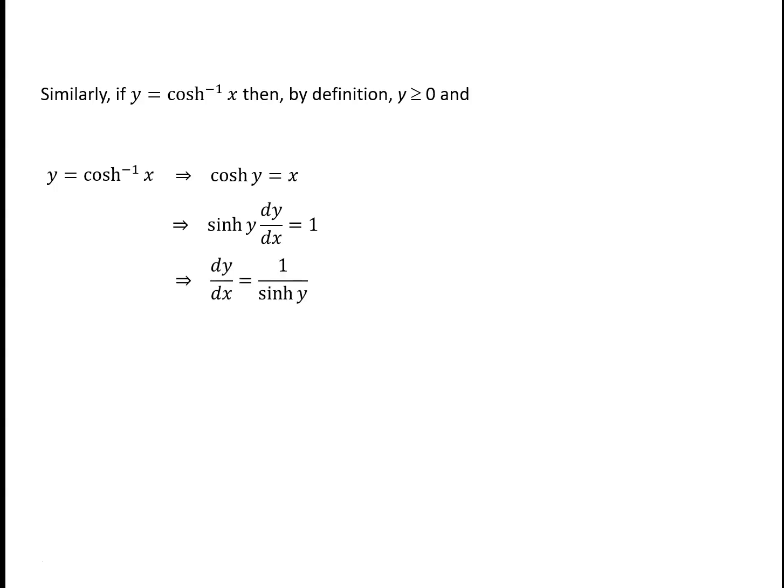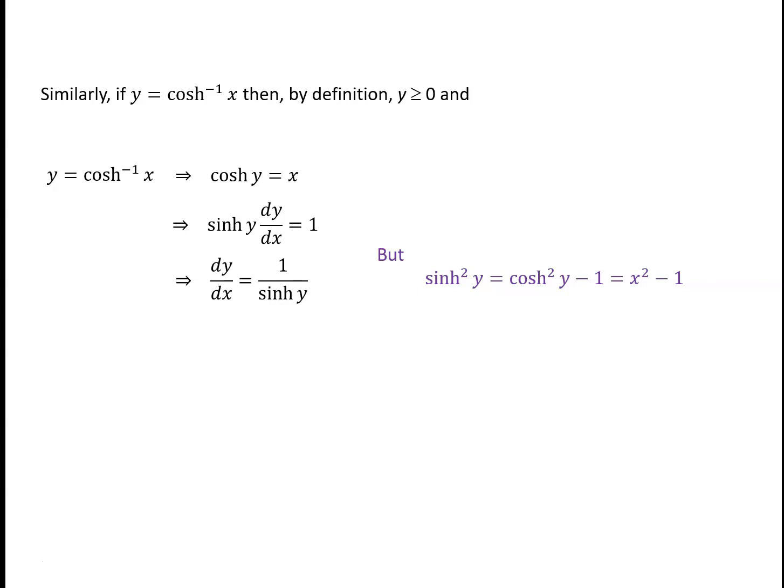So dy by dx is 1 over sinh y. We've now got the fact that sinh squared y equals cosh squared y minus 1. But cosh y is x, so we've got cosh squared y minus 1 is just x squared minus 1.